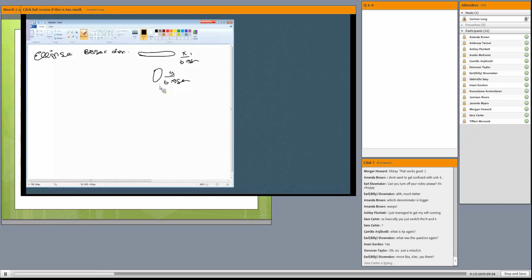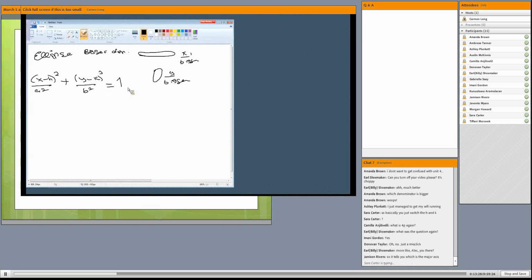So your general form of an ellipse is (x minus h) squared over a squared plus (y minus k) squared over b squared. Don't forget the equals 1. That's very important. You've got to have the equals 1. Now this ellipse, a is always bigger, so this is the one that opens this way.